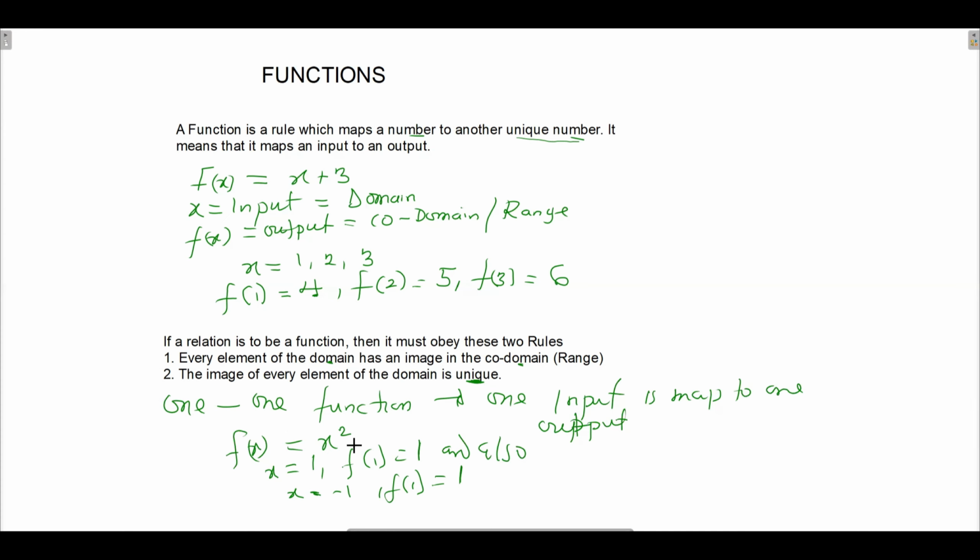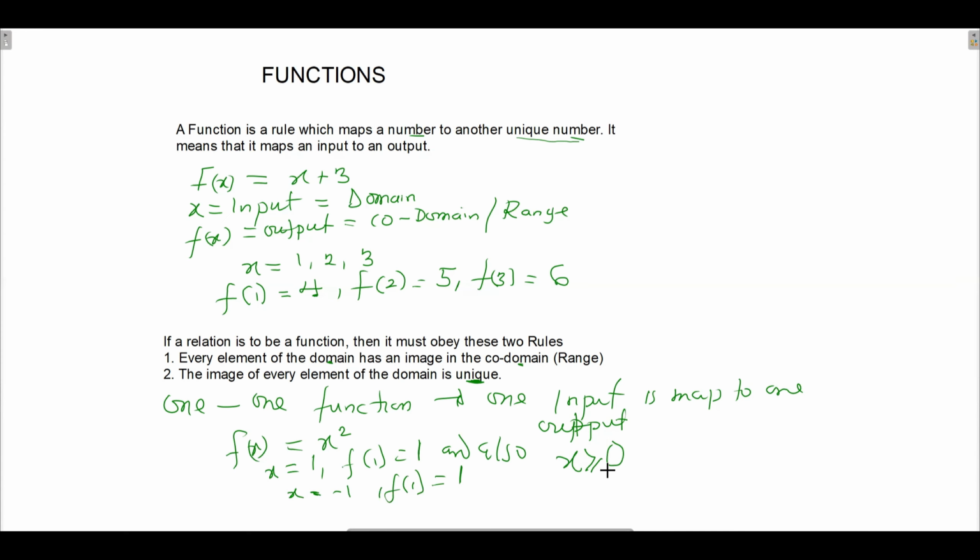A quadratic function mostly is not a one-to-one function unless we restrict the input. What do I mean by restrict the input? If I choose f of x equals x squared and want to restrict the input, I will write it in this way: the value for x that we use is greater than or equal to 0. That means I will not consider a negative value for x.